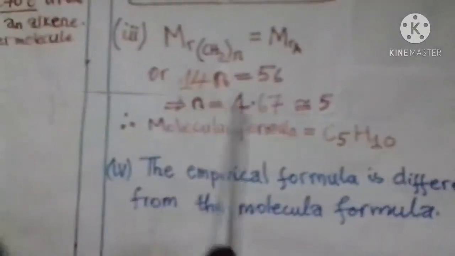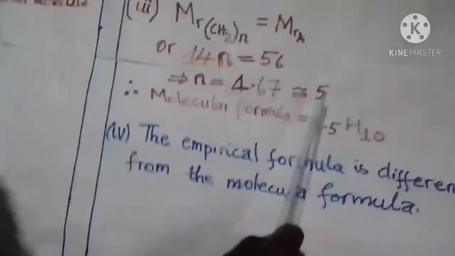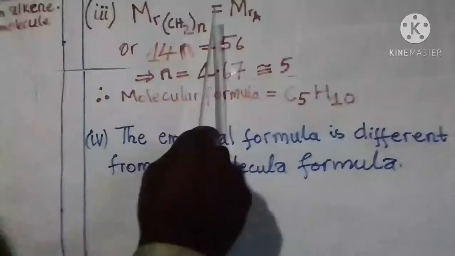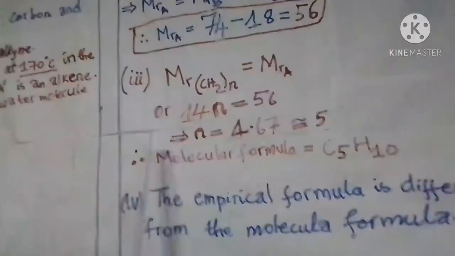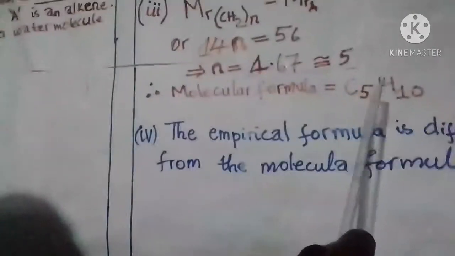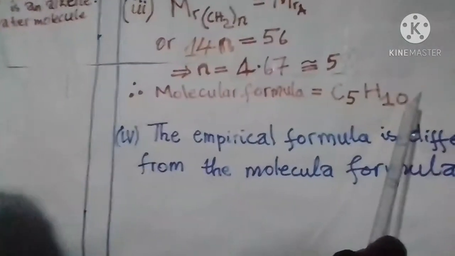Now this means that n is equal to 4.67, which is approximately equal to 5, because n is a whole number, it cannot be a fraction. Therefore, the molecular formula of A is equal to C5H10.